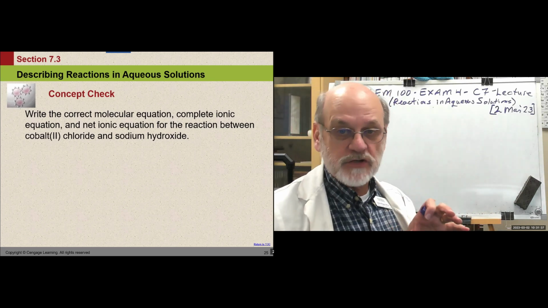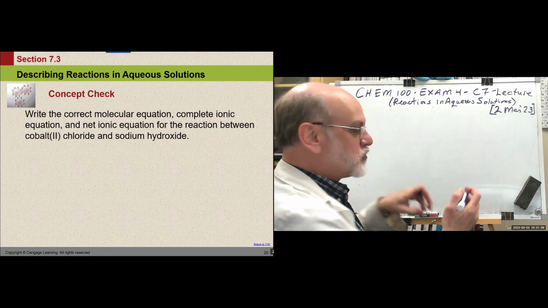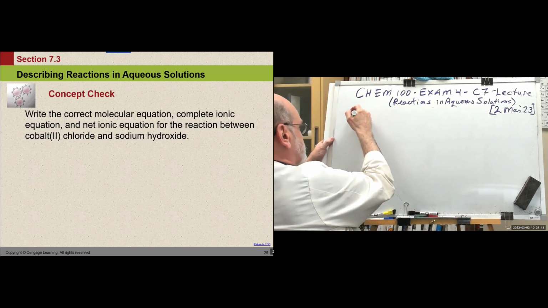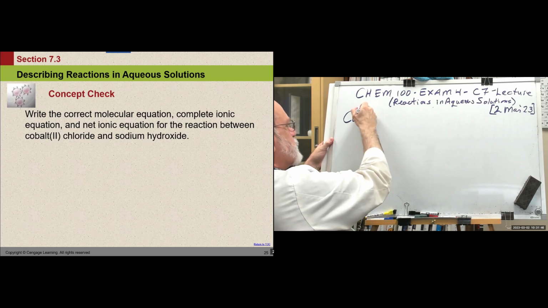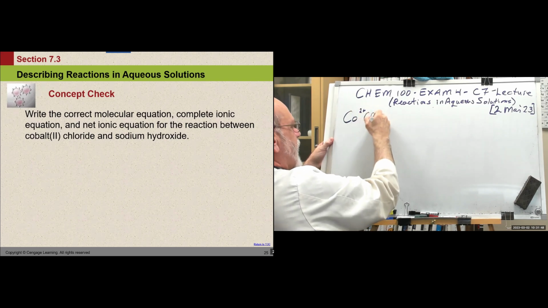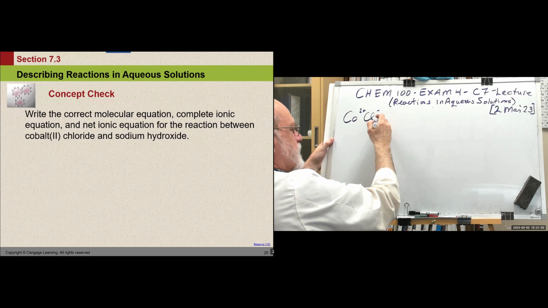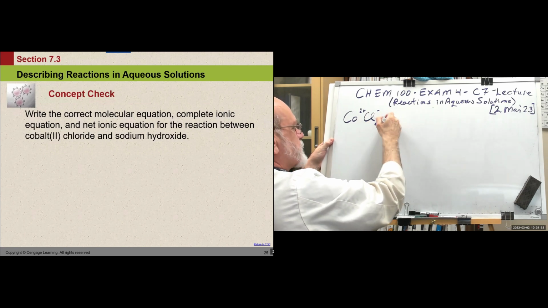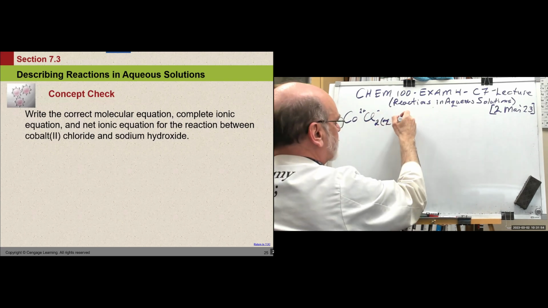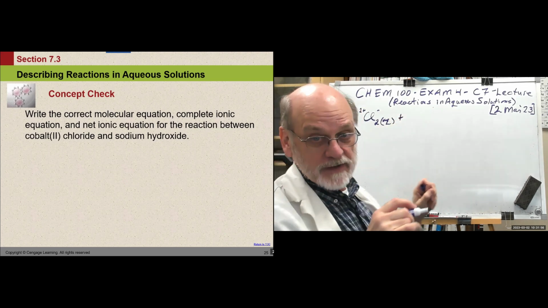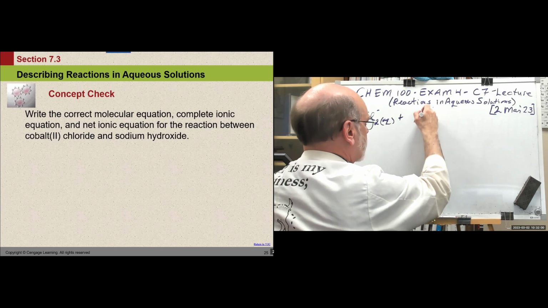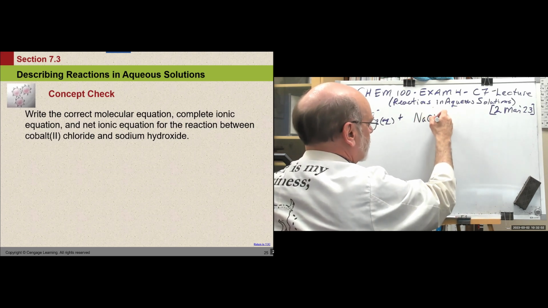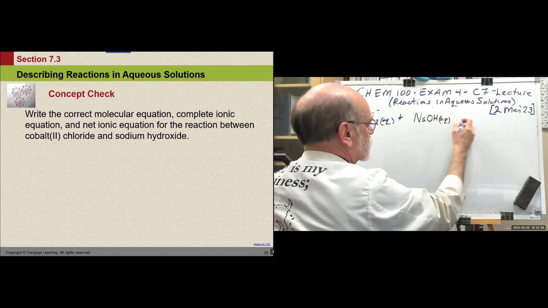They're both in solution as cobalt-2 chloride. Cobalt with a 2+ charge, and chloride with a -1 means we need 2 of them. They're in aqueous solution. And then we have sodium hydroxide. It's also an aqueous solution.